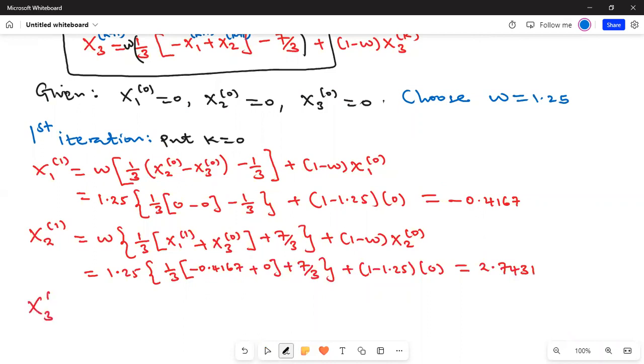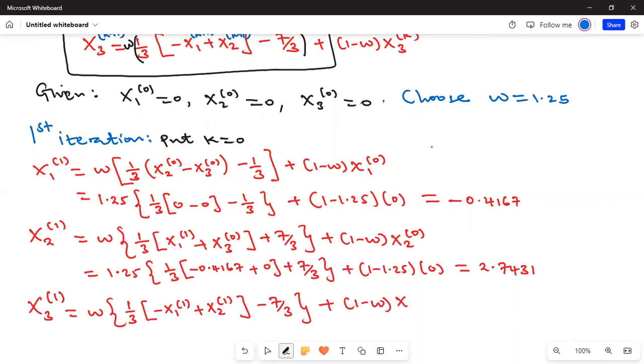Equation 3, x3 at level 1 is omega times 1 over 3 into negative x1 at level 1 plus x2 at level 1 minus 7 over 3 plus 1 minus omega times x3 at level 0.